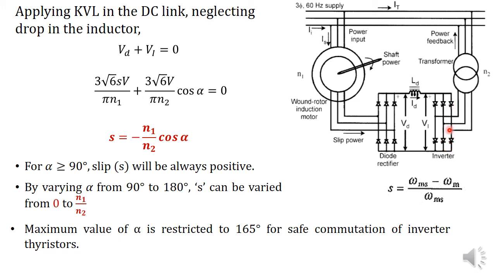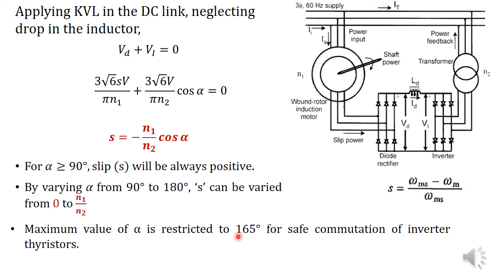the thyristor pairs in one limb should not be turned on simultaneously. That means if this thyristor is to be turned on, we have to ensure that this thyristor is completely turned off. So for safe commutation of inverter thyristors, we have to restrict the value of firing angle alpha to 165 degree. That is a safe value.